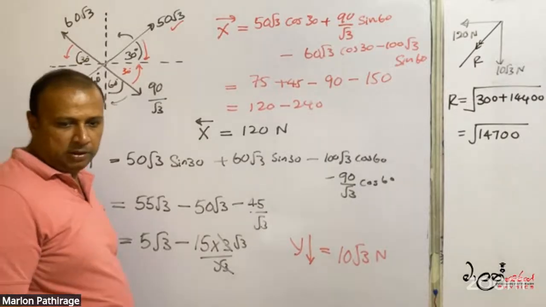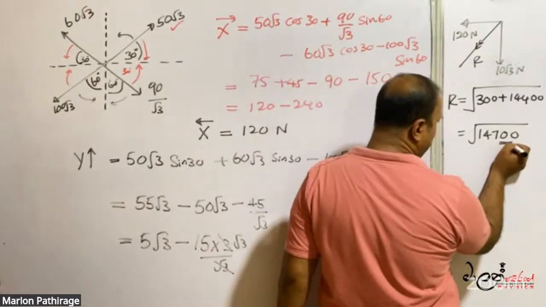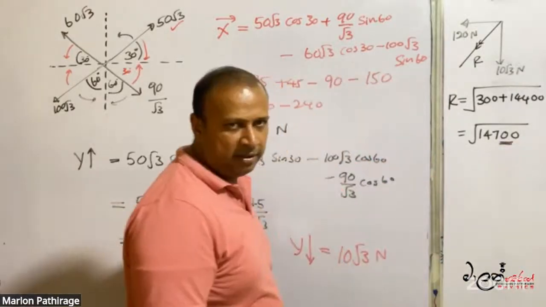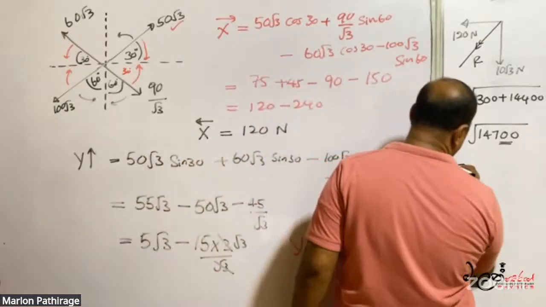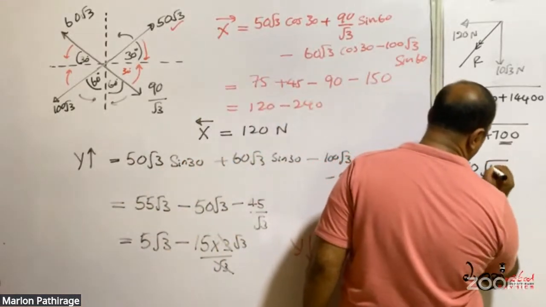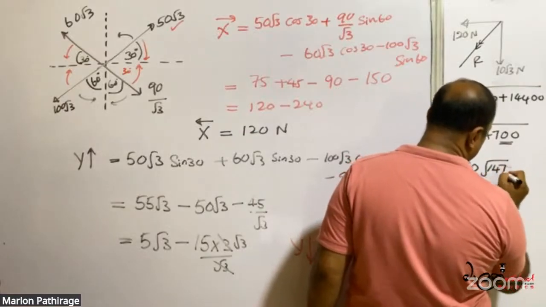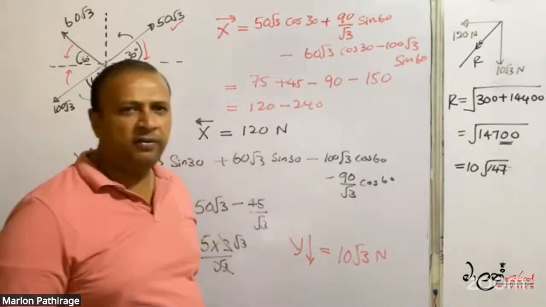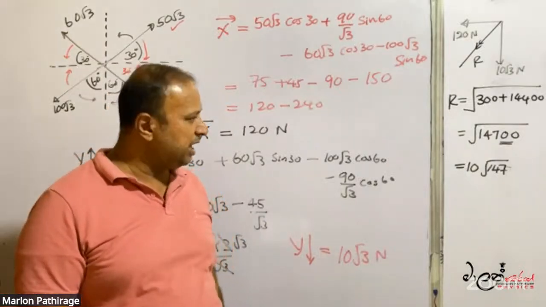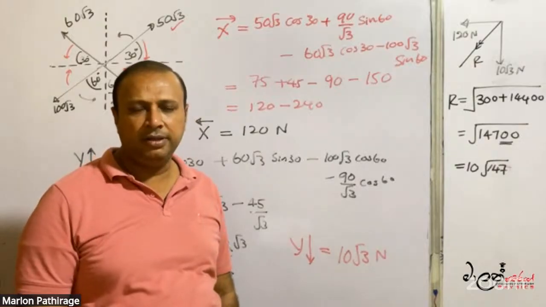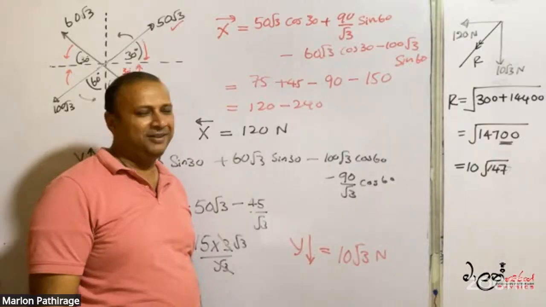But you know, I can take 100 out. The square root of 100 means 10. 10 into square root 147. 147 is close to 144, whose root is 12, therefore this one might be 12.1, is that okay, no?